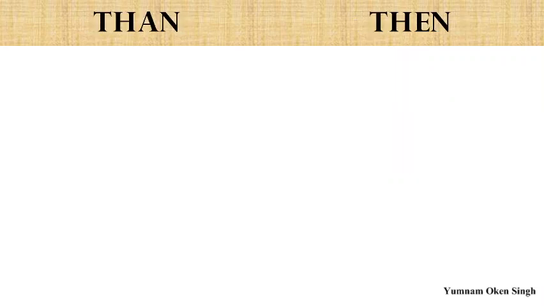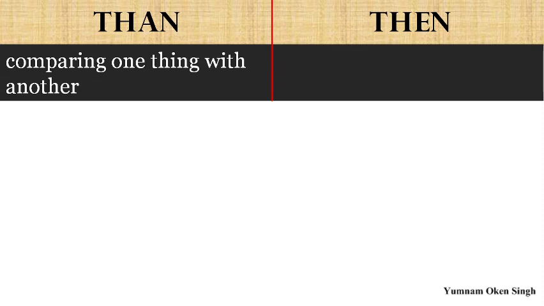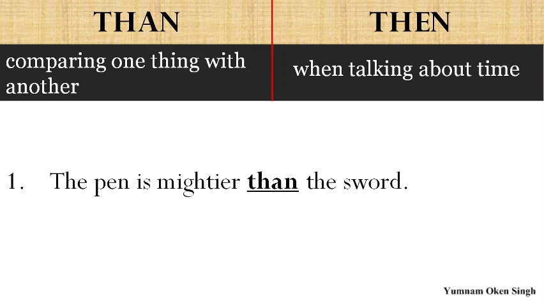Let's come to than and then, T-H-A-N or T-H-E-N. Let's see the difference. T-H-A-N, than, we use when comparing one thing with another. And T-H-E-N, then, refers to time. Let's see. The pen is mightier than the sword. So we use than when we are comparing two things, pen and sword.